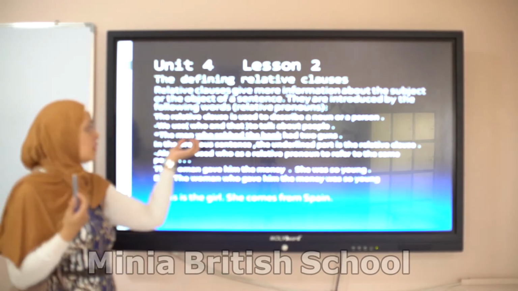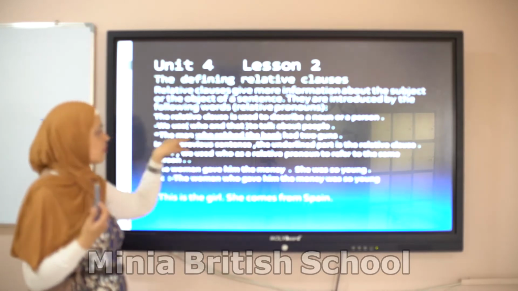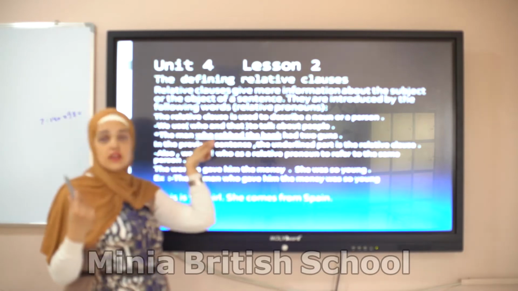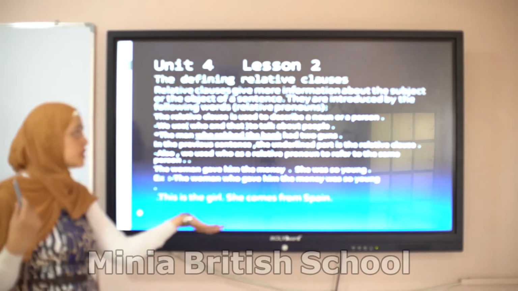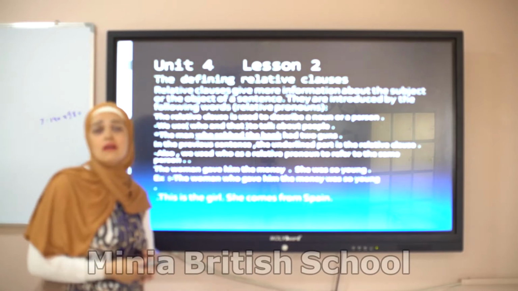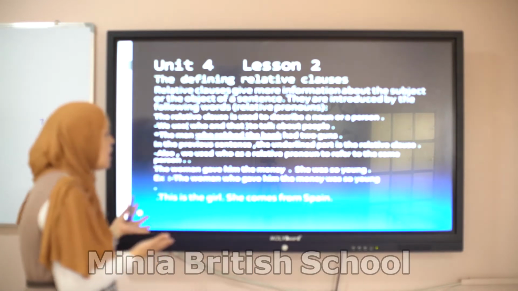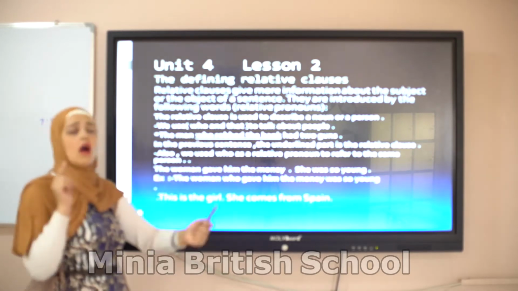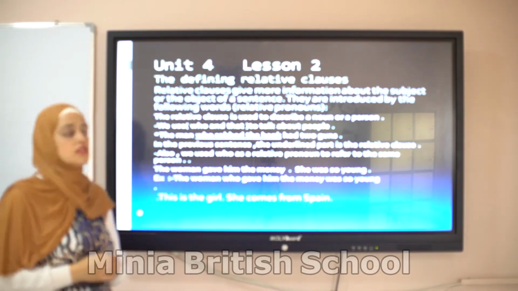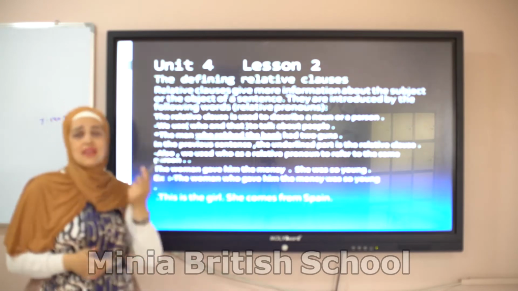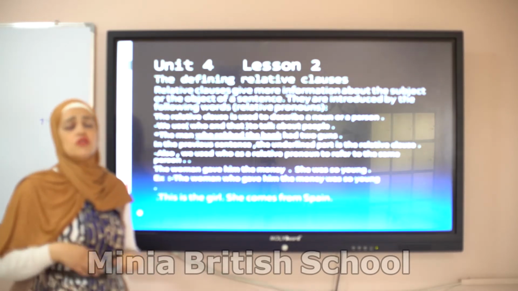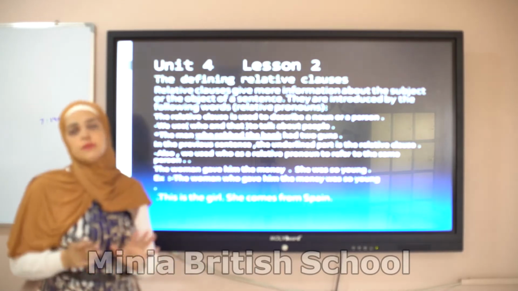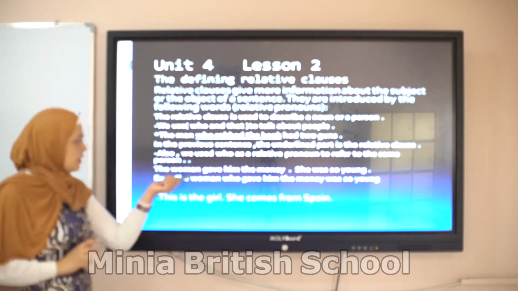This underlined part is the relative clause, and I use it for a person. By the way, instead of who, I can also use that. So both who and that can be used to give more information about a subject or an object that is a person.